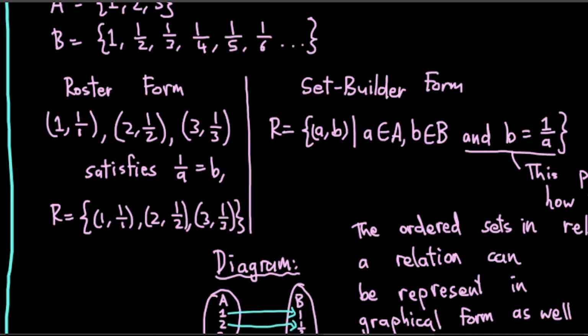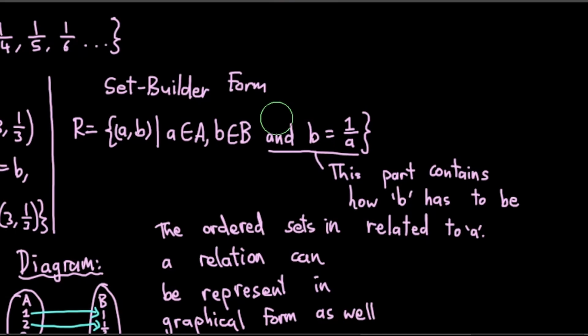However, how are we going to represent relations in set builder form? We're going to represent them in a similar way, where we take the ordered pair (a, b), a belonging to big A, b belonging to big B, and b is equal to 1 by a. This is the part where we say which set each variable belongs to, like normally in set builder notation. And this is the part where we put the relation basis, and for general sets, the criterion of how we take it.